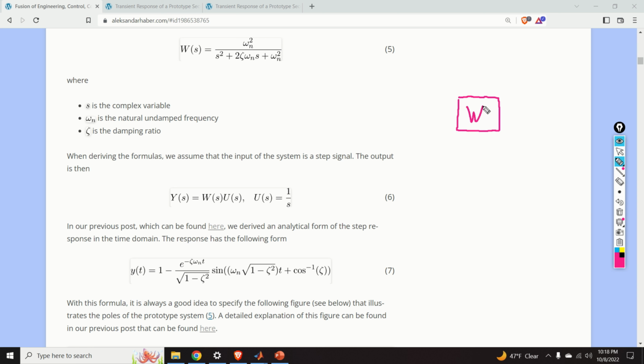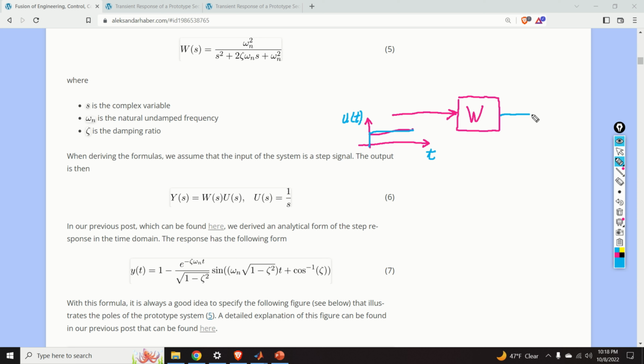Here's our system represented by the transfer function. Here's our input, and the input is a step function. This is time, this is u of t.